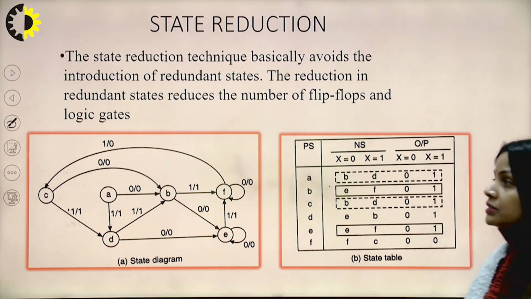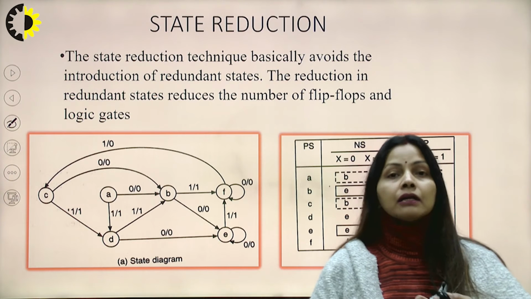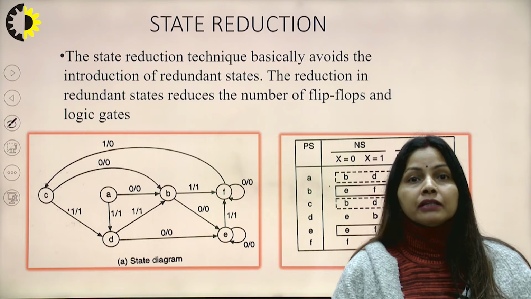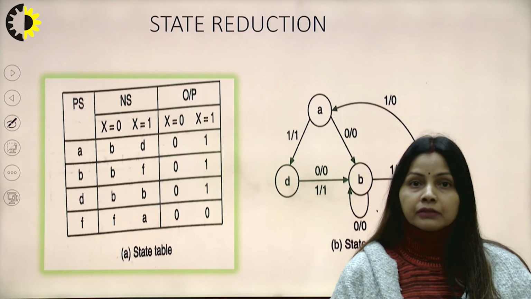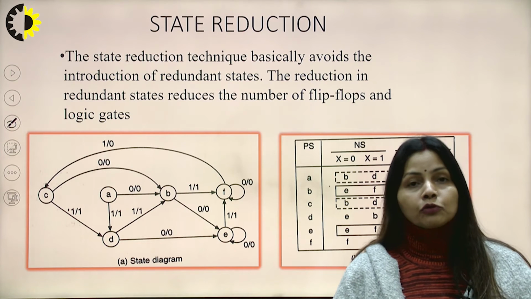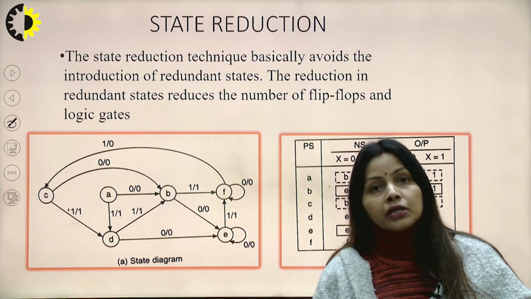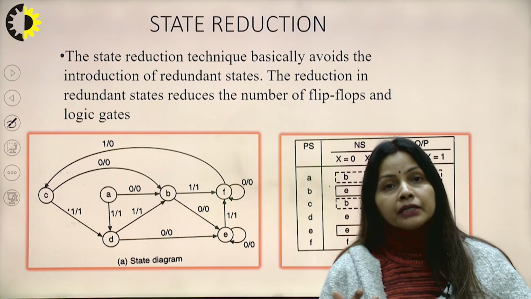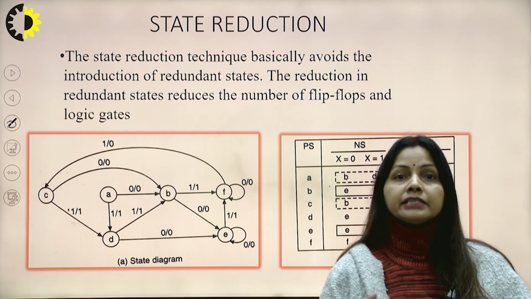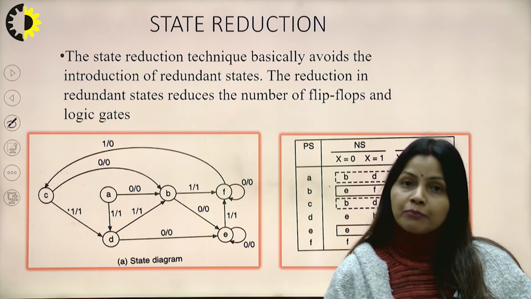Now coming to the state reduction. There are various cases where the state transitions are the same, and the input and output are both varying, but they are indicating the same thing. So these redundant states and redundant switchings can be removed.